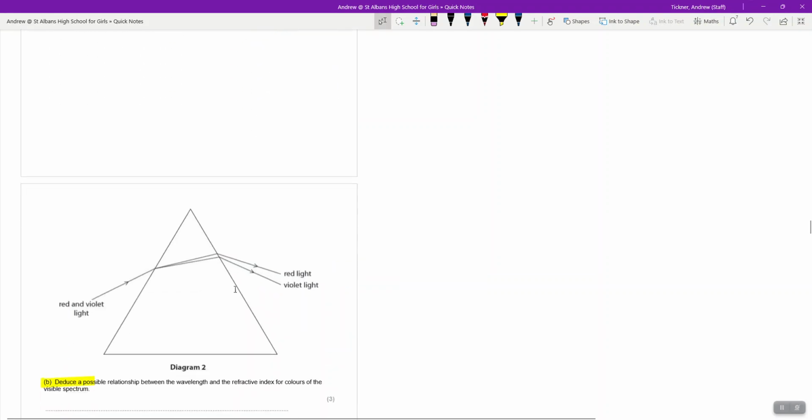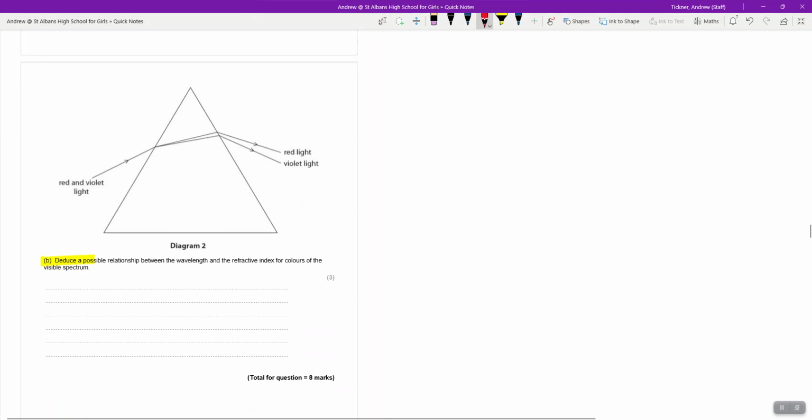So then we have a wordy question. We've got the refraction of red light and the refraction of violet light. Deduce a possible relationship between the wavelength, lambda, and the refractive index n for colours of the visible spectrum. The first thing you need to be aware of is that if you think about the EM spectrum, you've got radio waves, microwaves, infrared, and then visible, ultraviolet, X-rays, gamma rays.